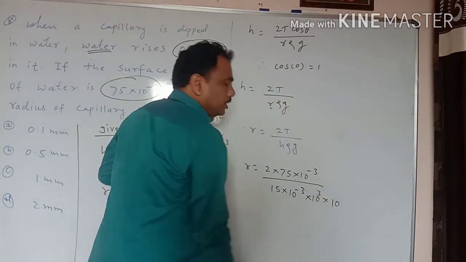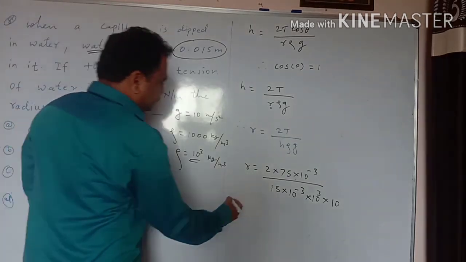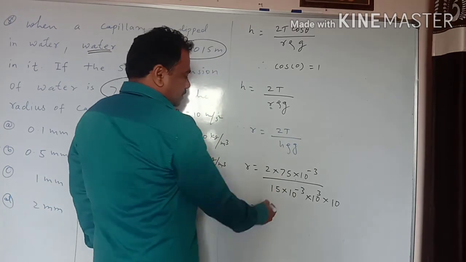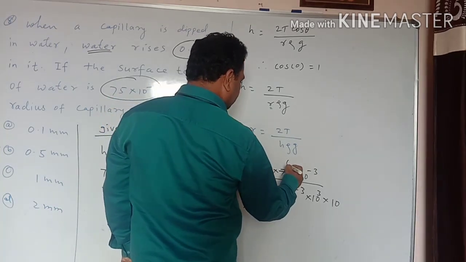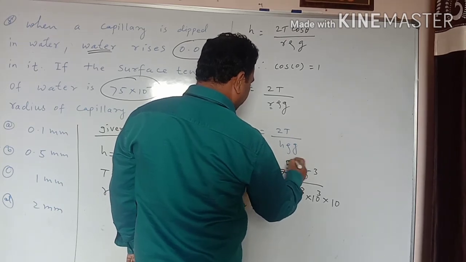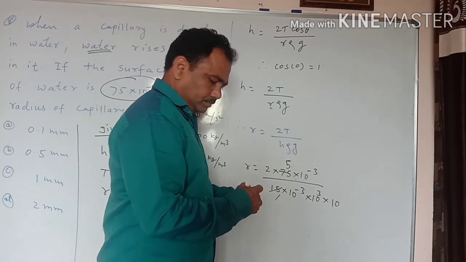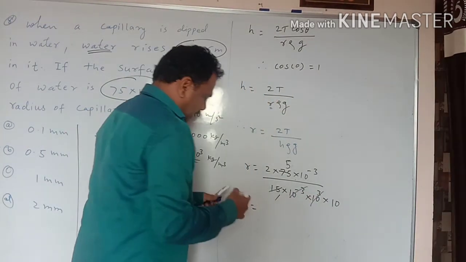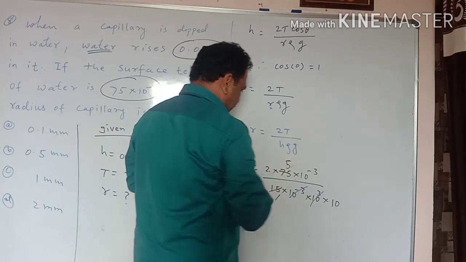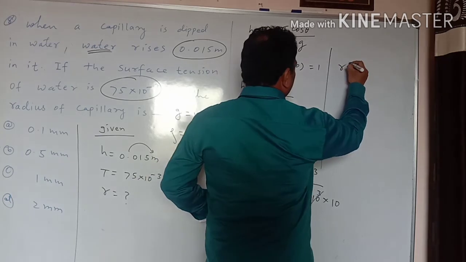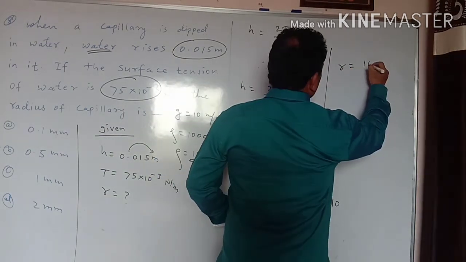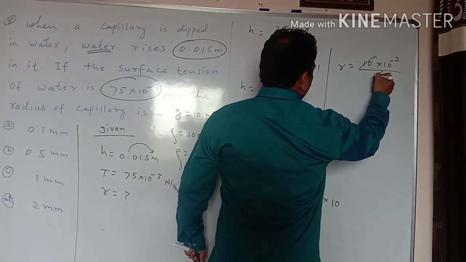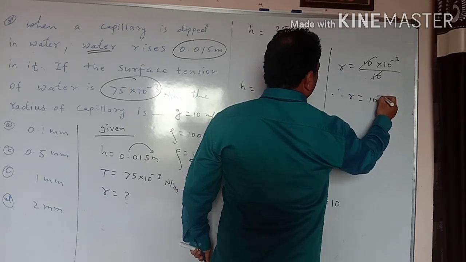So now the calculation is: 5 sevens are 35... 75 upon 15 is 5, so 5 twos are 10. 10 to the power minus 3 and 10 to the power plus 3 will get cancelled. So r is equal to 10 into 10 to the power minus 3 divided by only 10. So 10 will get cancelled. Therefore r is equal to 10 to the power minus 3.